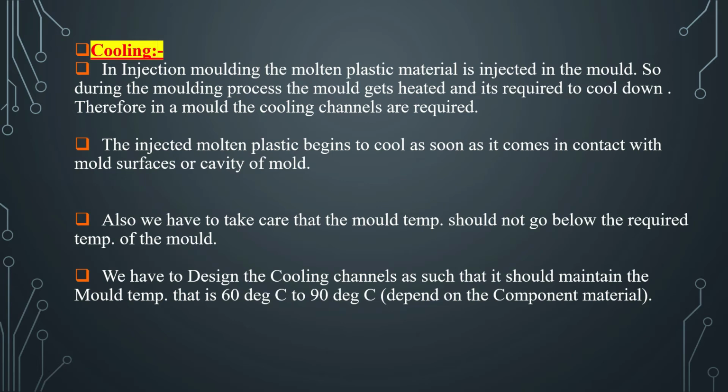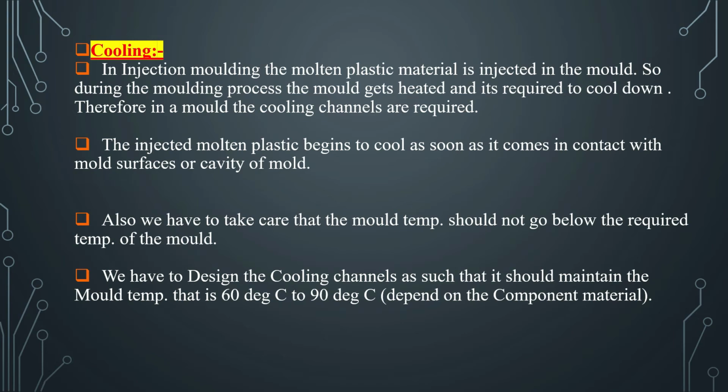For injection molding, cooling is most important. In injection molding, the molten plastic material is injected into the mold. During this molding process, the mold gets heated and it is required to cool down. Therefore, cooling channels are provided in the mold. The injection molded plastic material cools as soon as it comes in contact with the cavity surface of the mold.